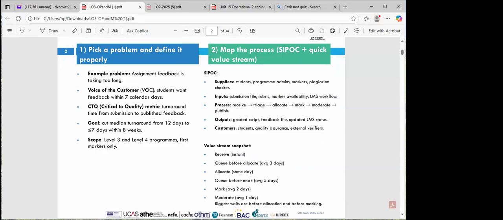Suppliers: students, programs, admins, markers, and plagiarism checker. Input: submission file, rubric, marker availability. Process: receive, triage, allocate, mark, and moderate.